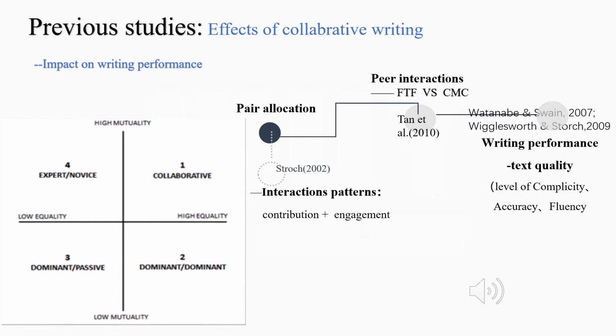These are defined in terms of the degree of equal contribution and mutual involvement of both partners. The author will then also examine the impact of collaborative writing on writing quality by analyzing complexity, accuracy, and fluency.